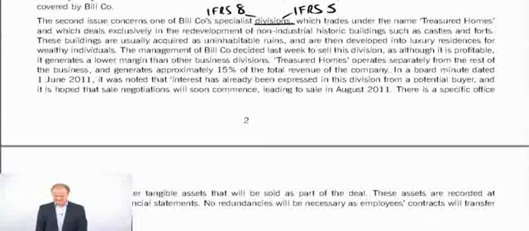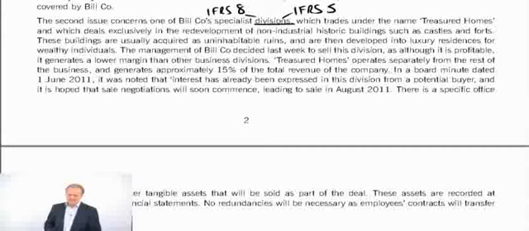And I see I am not the only person thinking that. Trades under the name Treasured Homes, and which deals exclusively in the redevelopment of non-industrial historic buildings such as castles and forts, ruins, developed luxury residences. That sounds like a specific area of their business. I'm starting to think IFRS 5 is looking the most likely here.